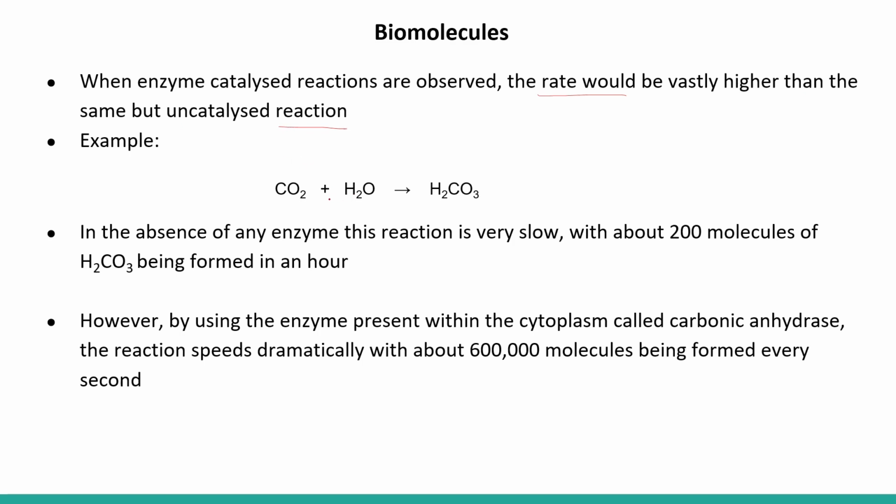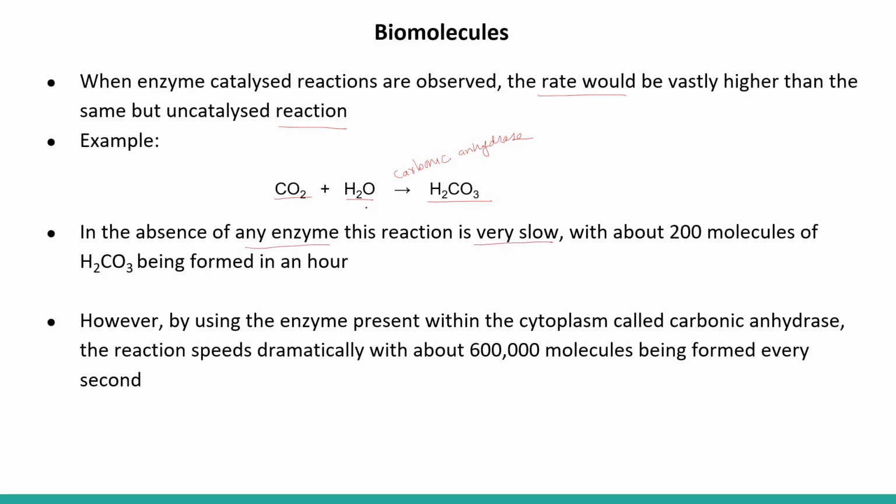Let us see this with the help of an example. Carbon dioxide and H2O give carbonic acid in the presence of the enzyme carbonic anhydrase. In the absence of any enzyme, this reaction is very slow.